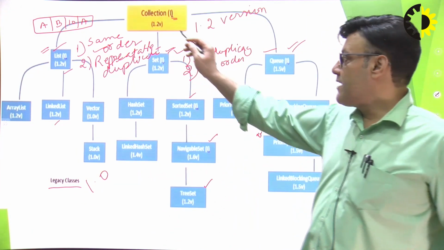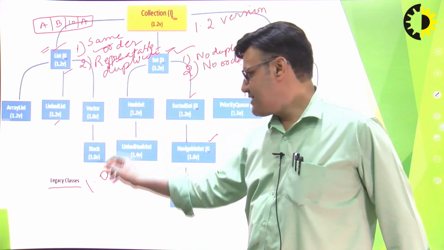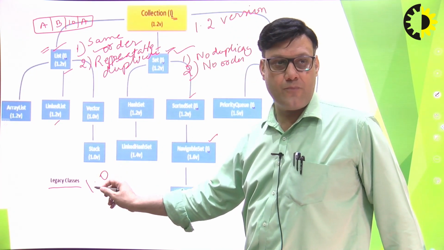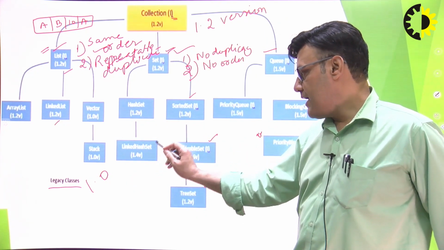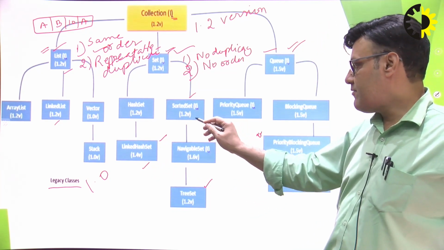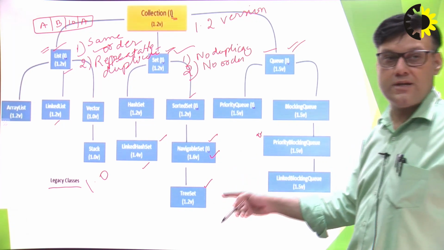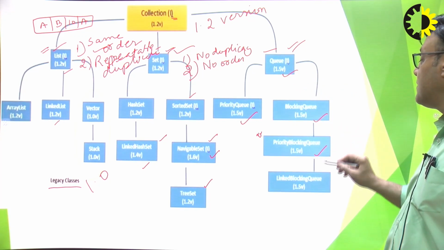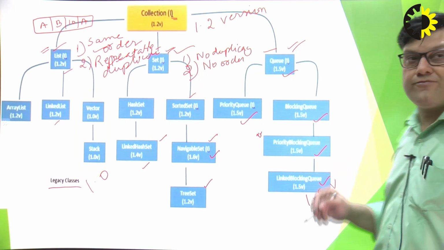HashSet comes in 1.2, LinkedHashSet came in 1.4, SortedSet 1.2, NavigableSet 1.6, TreeSet 1.2, PriorityQueue came in 1.5, Queue 1.5, and BlockingQueue, PriorityBlockingQueue, LinkedBlockingQueue came in 1.5.